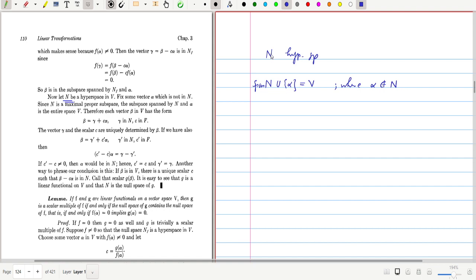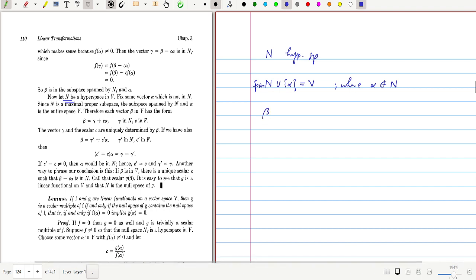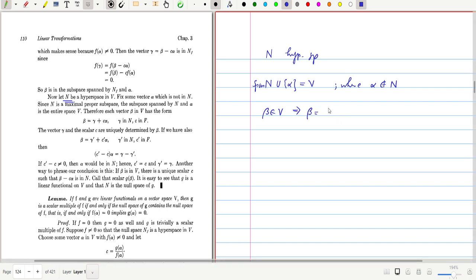So corresponding to this N, we will find a linear functional as well. In fact, this is the definition of the hyperspace. Then if you have any beta belonging to V, this beta can be written as an element of N plus C alpha, because this beta belongs to V and V is this one.